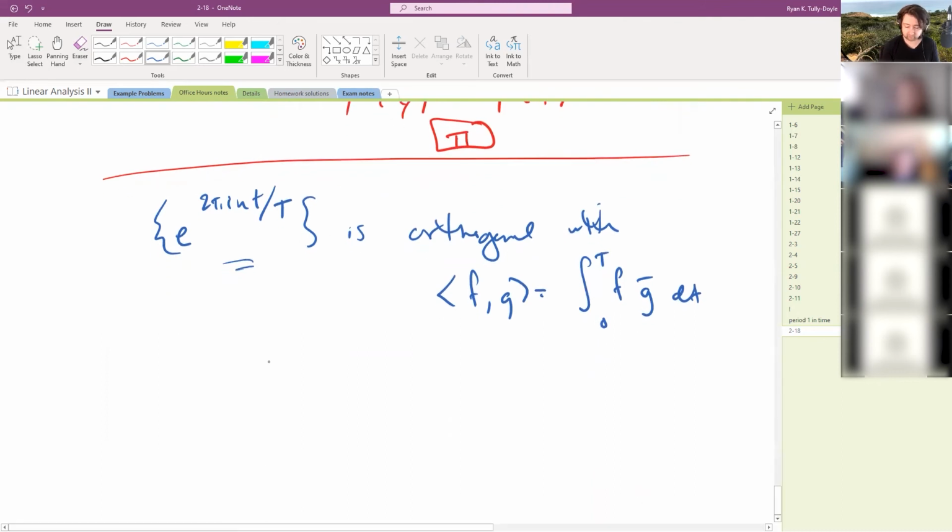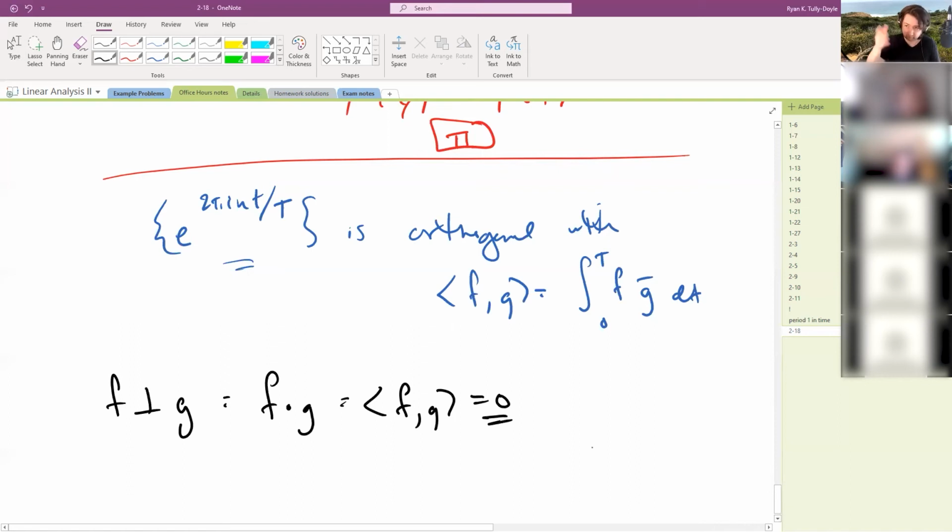So let's do that. Can you say that again? You said if you plug in either f or g, it turns out 0. Okay, what it means for functions to be perpendicular to each other, so f is orthogonal to g, means that f dot g, the inner product of f and g, is 0, right? That's what it means to be orthogonal: a 0 integral.